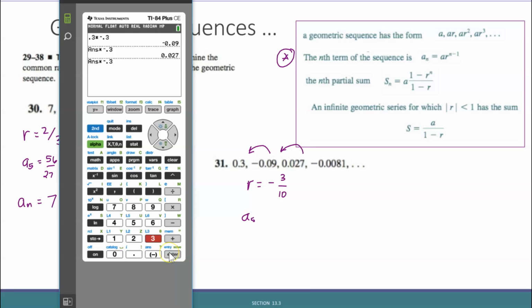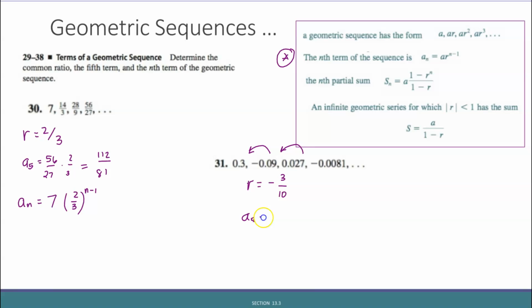So we've got our first term, second term, third term, fourth term. All I have to do is multiply that by negative 3/10 again, and that'll give me my fifth term, 0.00243.